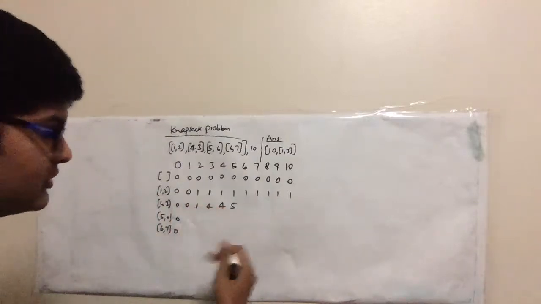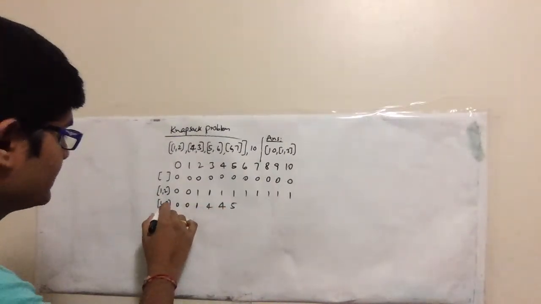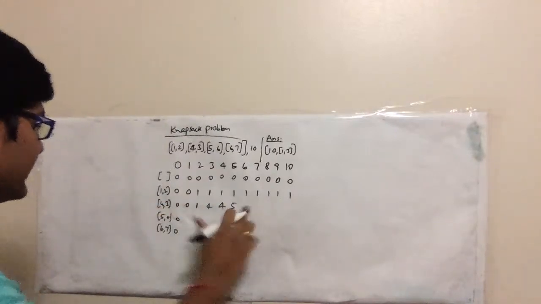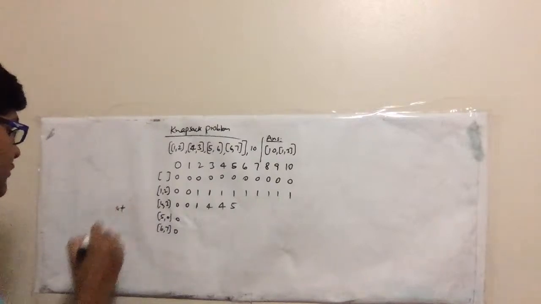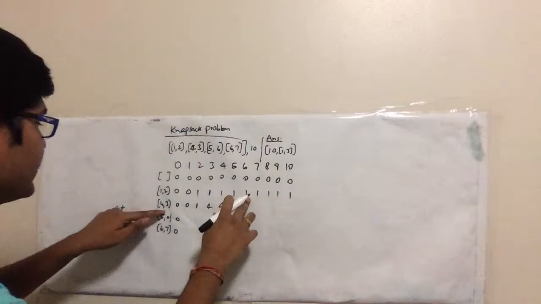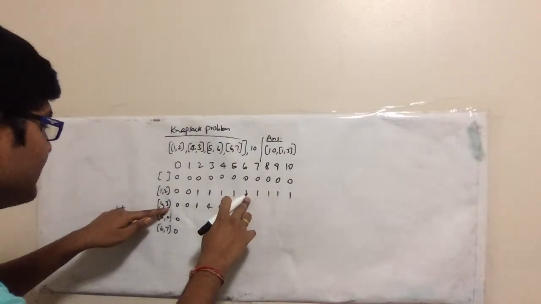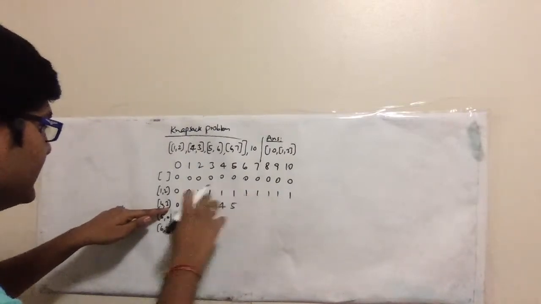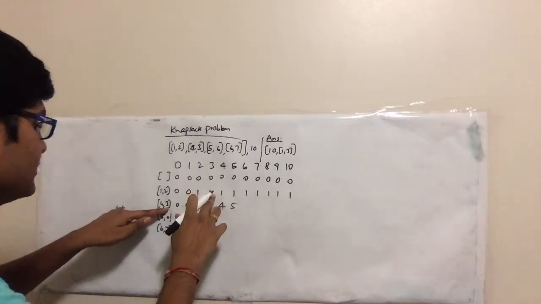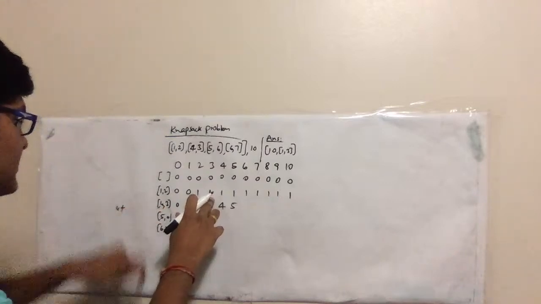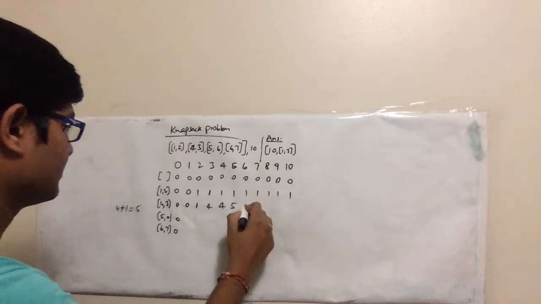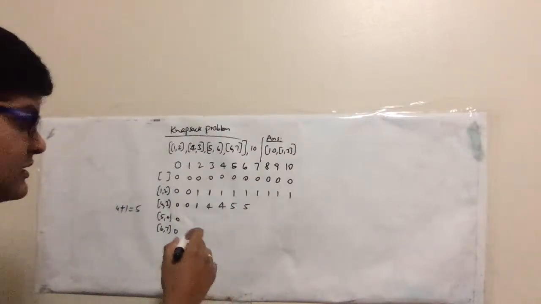According to the formulation, we consider this item, which gives a value of 4, then go to the top row and subtract this weight, 6 minus 3, which gives 3. What is present there? It is producing the maximum value 1, so the total is 5. So 5 is what we get here.